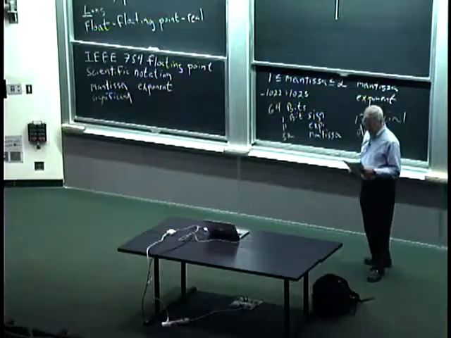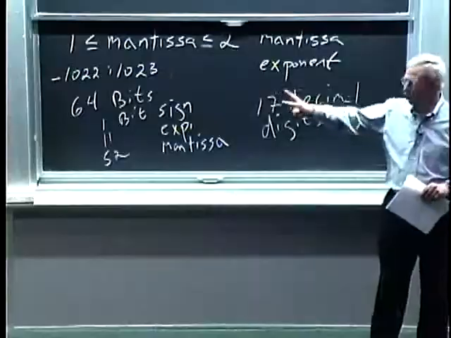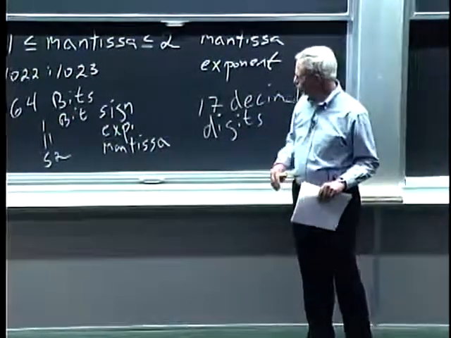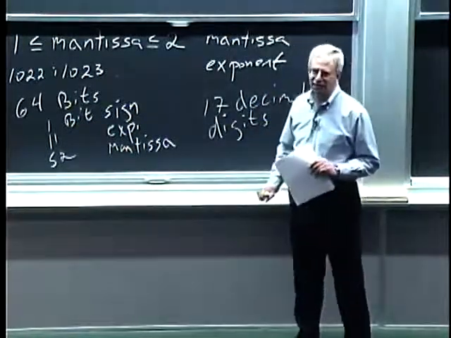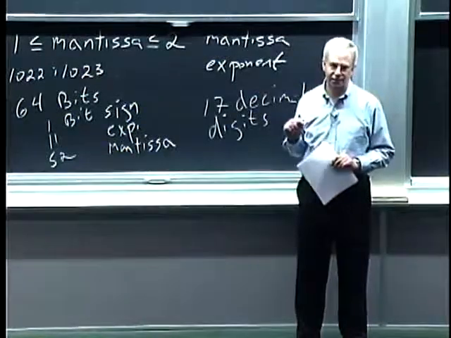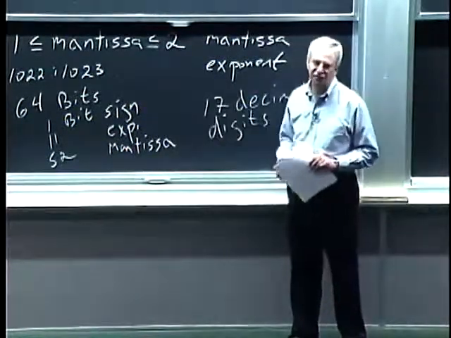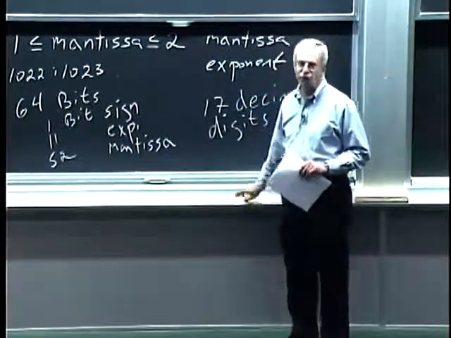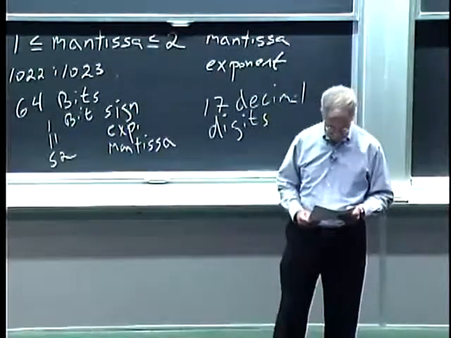This is an important concept to understand, that unlike the long ints where they can grow arbitrarily big, when we're dealing with floating points, if we need something more than 17 decimal digits, in Python at least, we won't be able to get it. And that's true in many languages. Now, the good news, this is an enormous number, and it's highly unlikely that ever in your life you will need more precision than that.